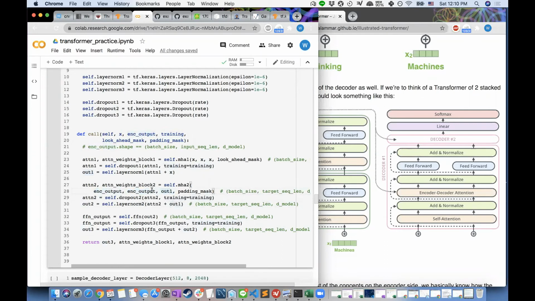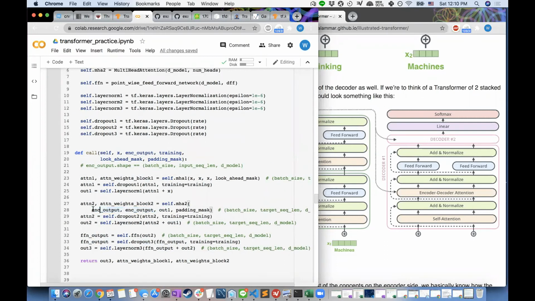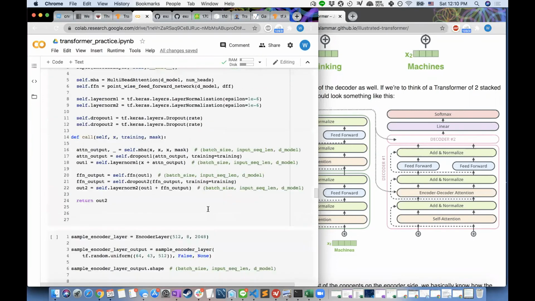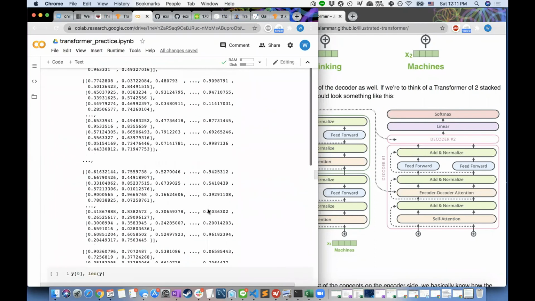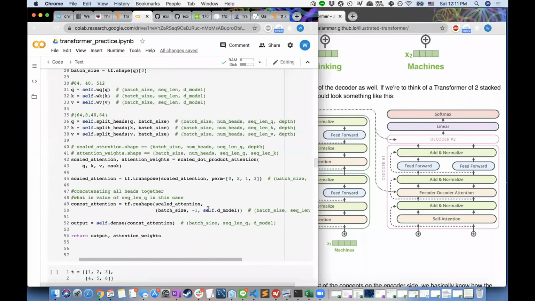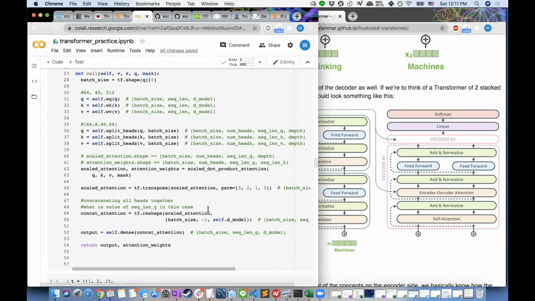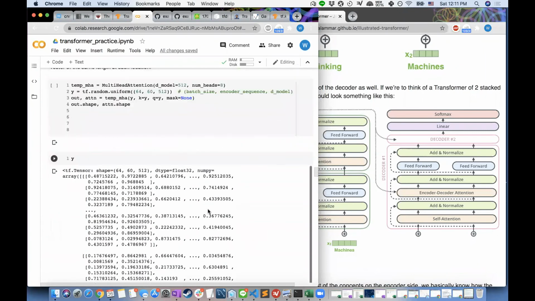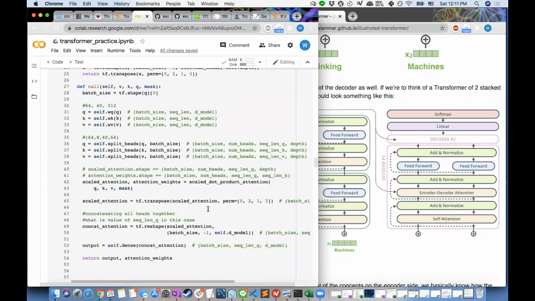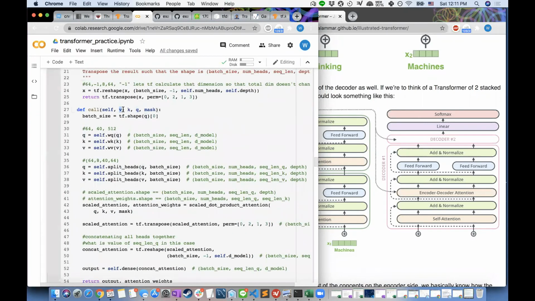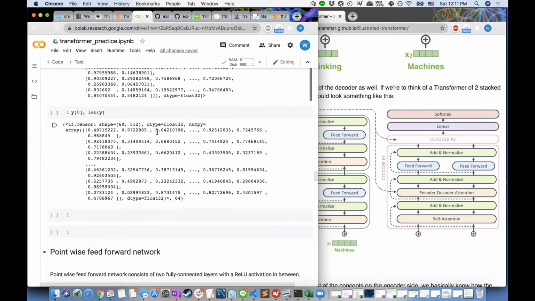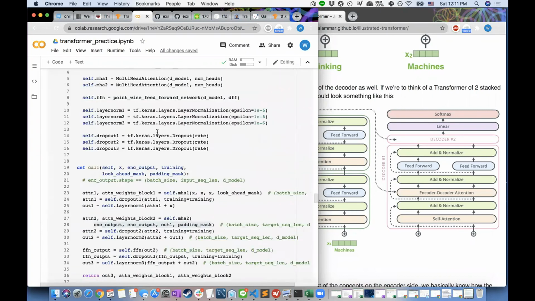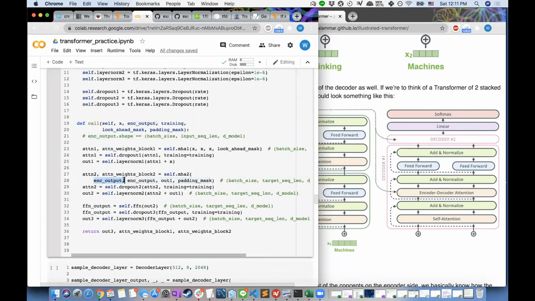Okay, so remember this is V, the first one is V, the second one's K, and third one's Q. So VKQ, okay? And let's look back to our decoder layer. So this is V, and this is K, and this is Q.